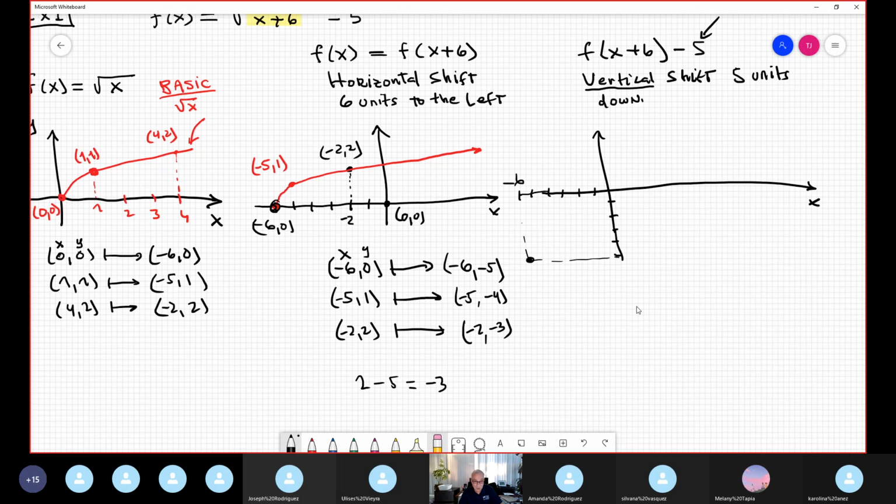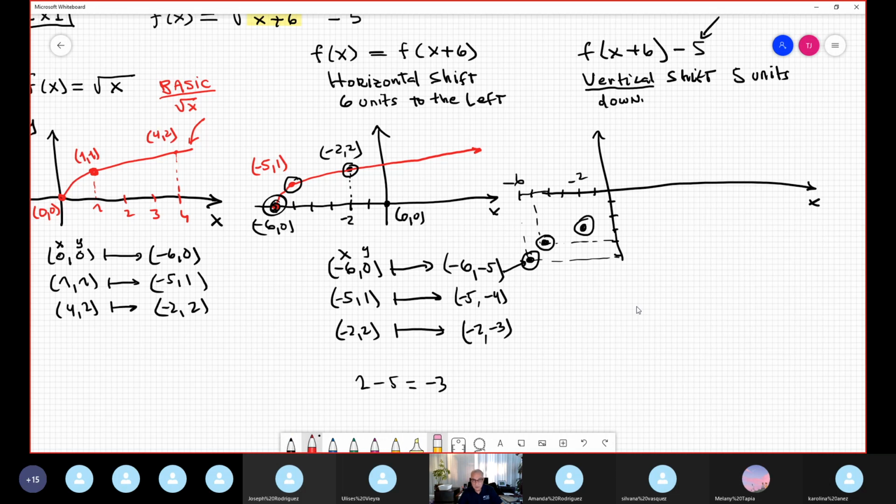That point is transformed into -5, -4, something like that. And that point is transformed into that point, -2, -3.